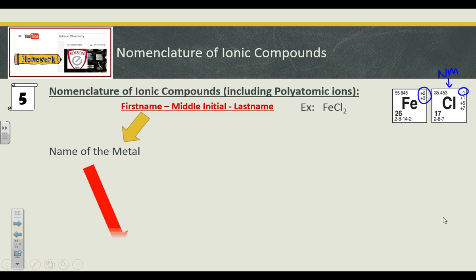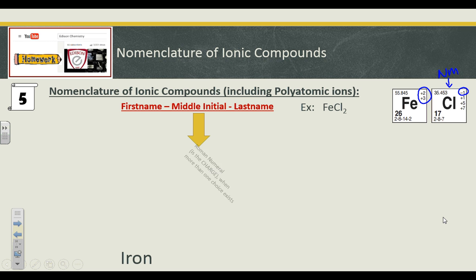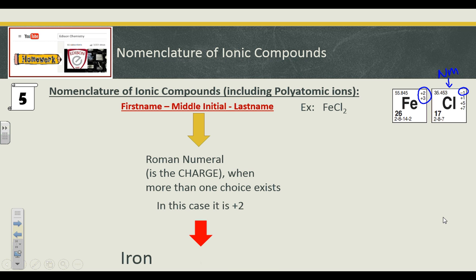First name, you always name the metal. In this case, iron. Middle initial. This is the Roman numeral that tells us the charge on the metal ion if there are multiple options. In this case, we just realized that it has to be iron +2 because there are 2 chlorine -1s to cancel it out. So we put a Roman numeral 2 as its middle initial.